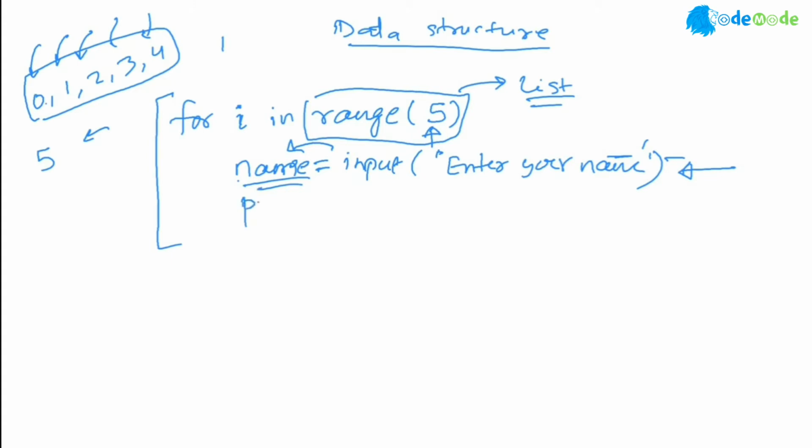Suppose you want to print it. It's print name, and then you go back and take the new name. So now it will print Akash, then go and ask for the name Mihika, and it will print Mihika. But our goal is to print in the reverse order. So suppose I enter Akash, Mihika, and Anish.